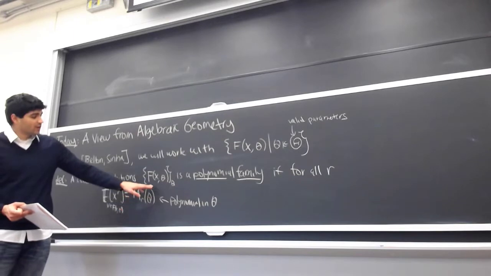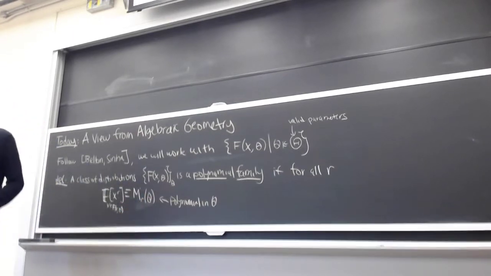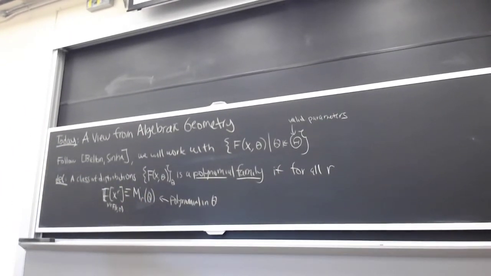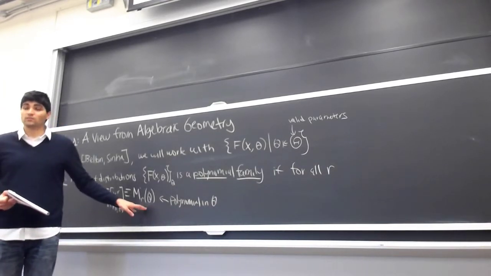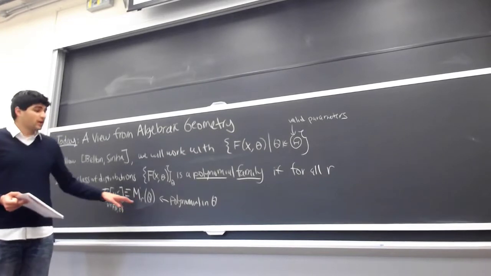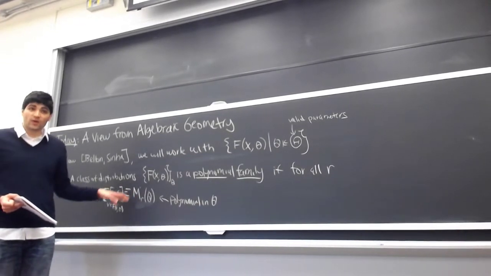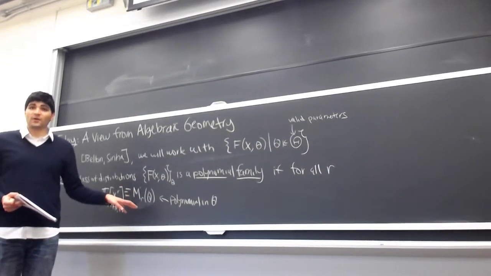But now what we're going to do is work with any family whose moments are themselves polynomials in the parameters. So this is where the tools from algebraic geometry are going to start being useful, is that when you think about knowing what the moments of a distribution are, let's say exactly, that itself is some polynomial constraint on the underlying parameters.